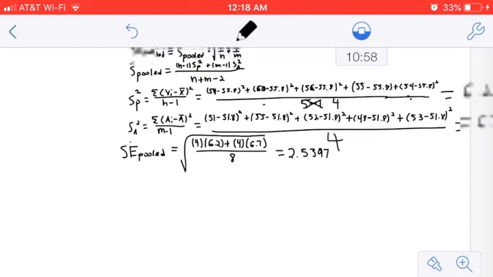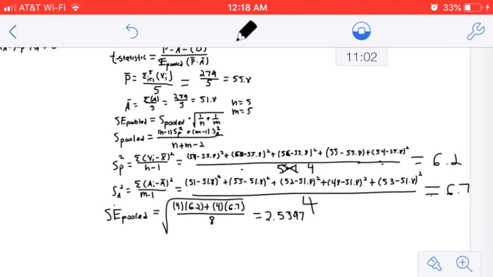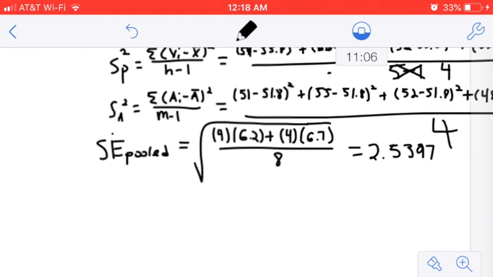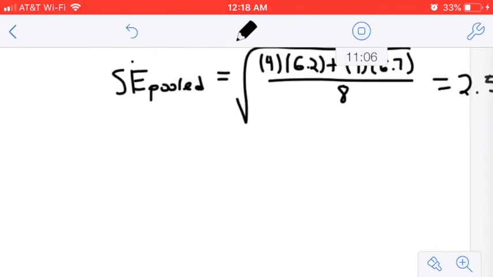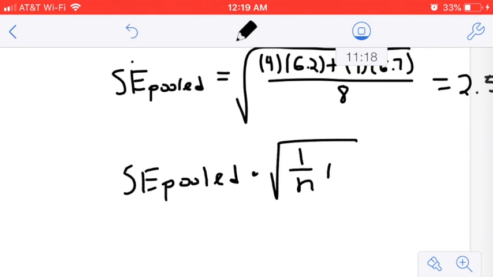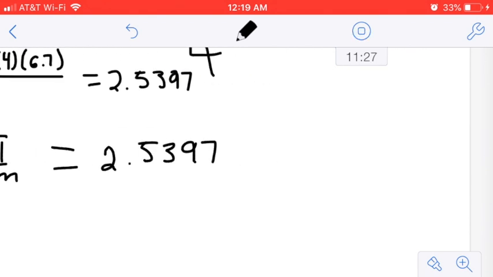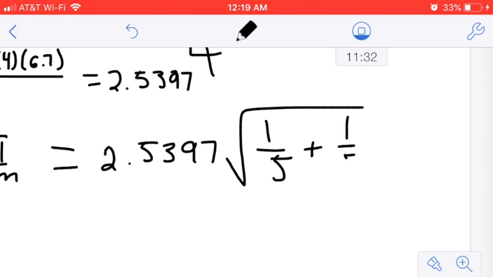Okay, so now that we have our standard error pooled, we can now calculate the bottom and the top of the T statistic. So first I'm going to calculate the bottom. So the bottom is standard error pooled times the root of 1 over n plus 1 over m. And that is equal to 2.5397 times the root of 1 over 5 plus 1 over 5.